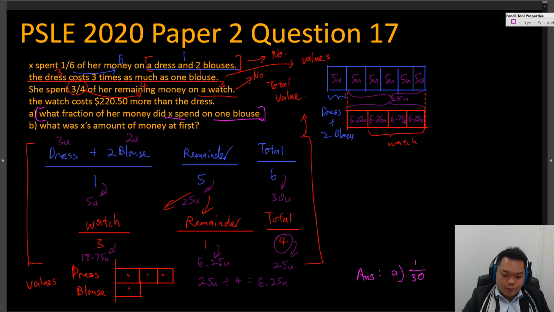And then, what was X amount of money at first? X amount of money at first would be represented by these 30 units over here. So how do we proceed to find the value of 1 unit then?